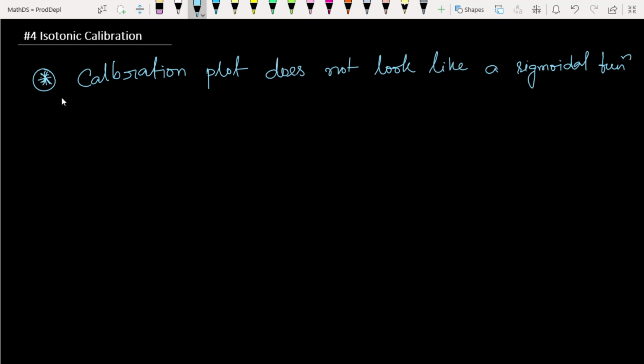This is the simple condition. When it does not look like a sigmoidal function, in this simple case we will apply the isotonic.